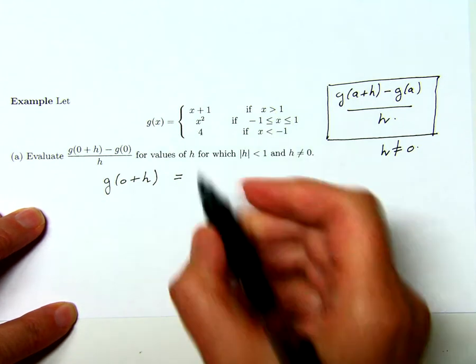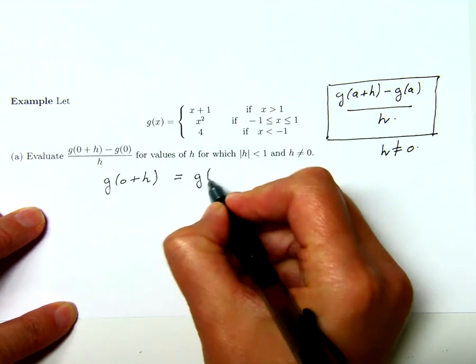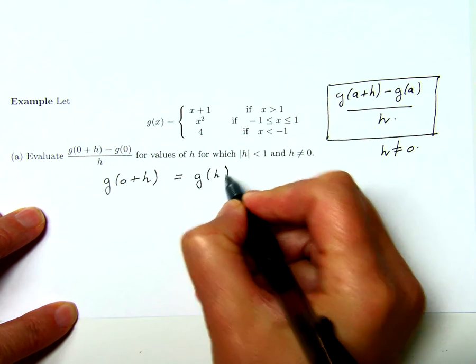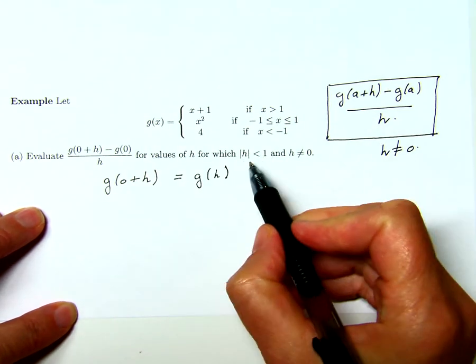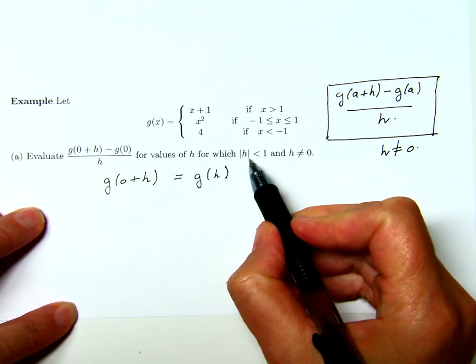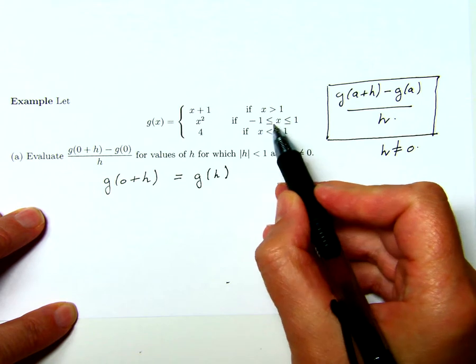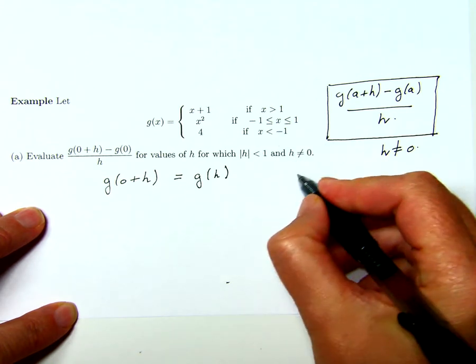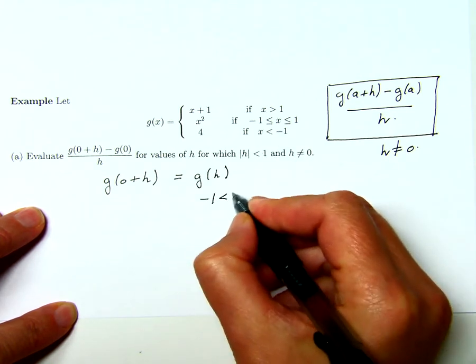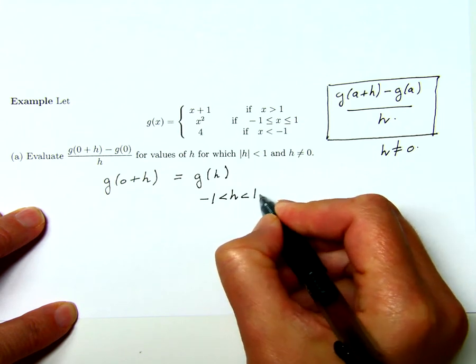Well, we can simplify it a little. 0 plus h is just h. And the information I have about h is that its absolute value is less than 1 and it's not equal to 0. So it's definitely in this category. Minus 1 is less than h, which is less than 1 for sure.